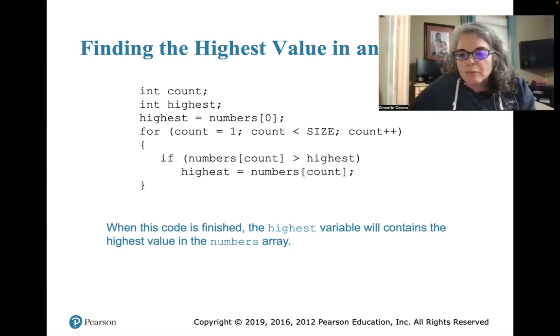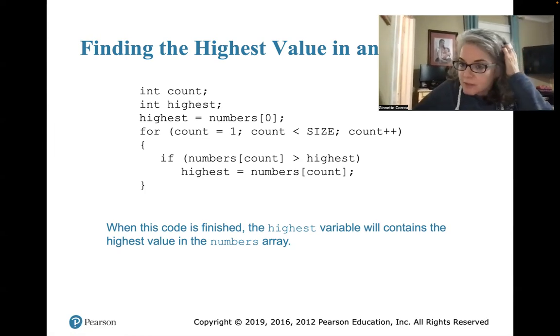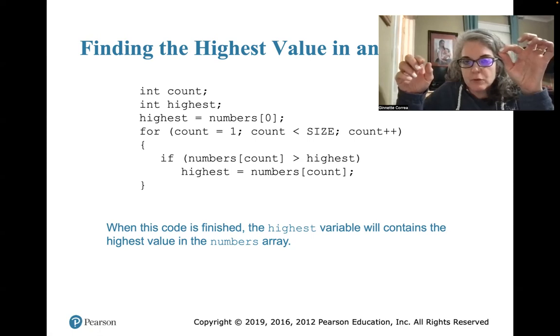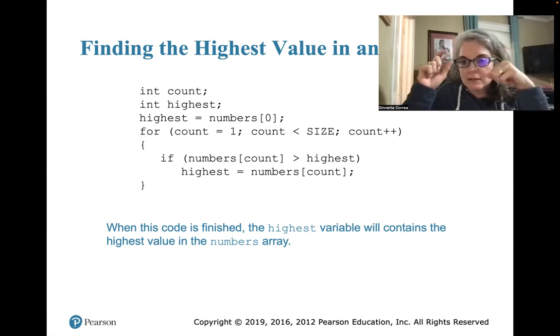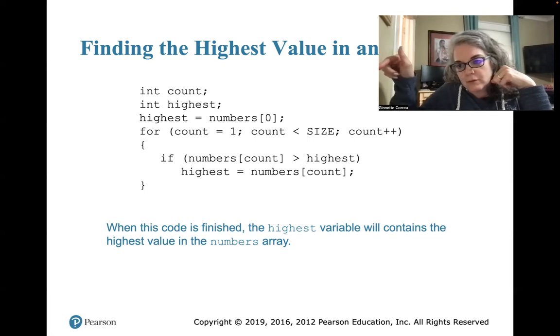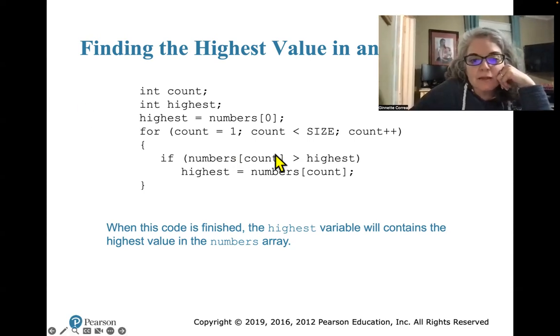Then what you do is you compare that first one to the second one, and you say, if the first one is less than the second one, then the second one is the highest. And you go on to the next one, the next one, the next one. So here, this is the second one right here. So this is number sub 1. This is number sub 0.